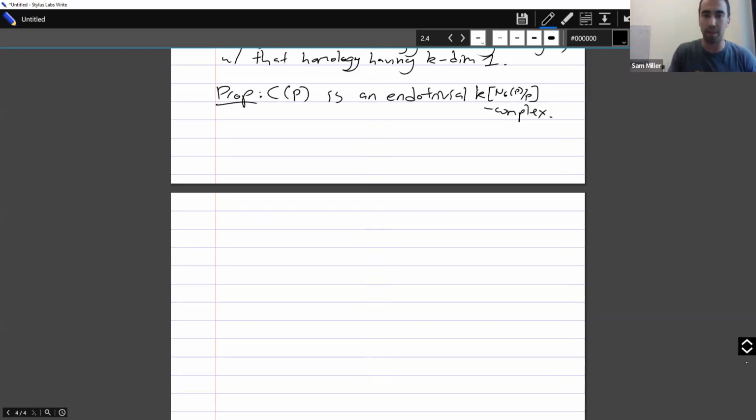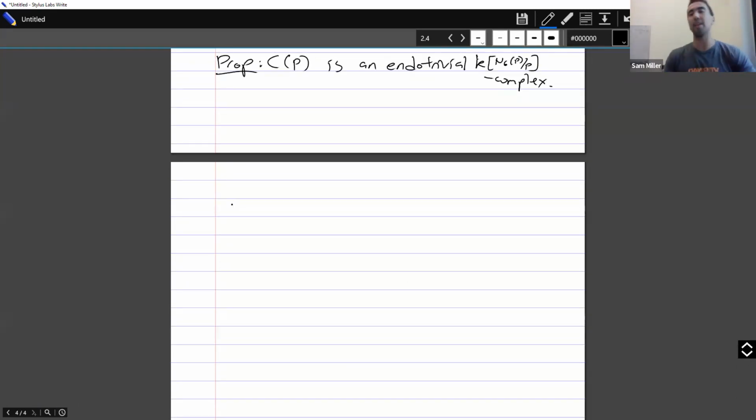And in fact, using this, we get a nice detection theorem. If we have some complex and we want to know if it's endotrivial, the Brauer construction can help us determine that.